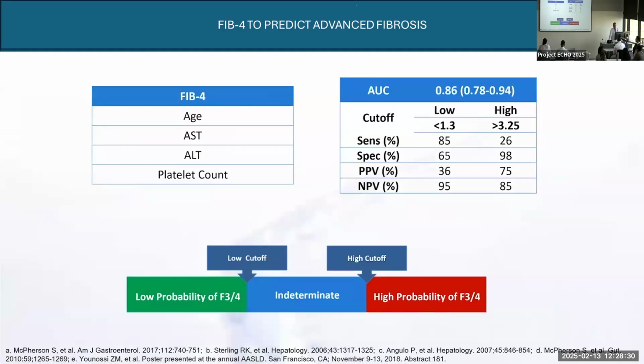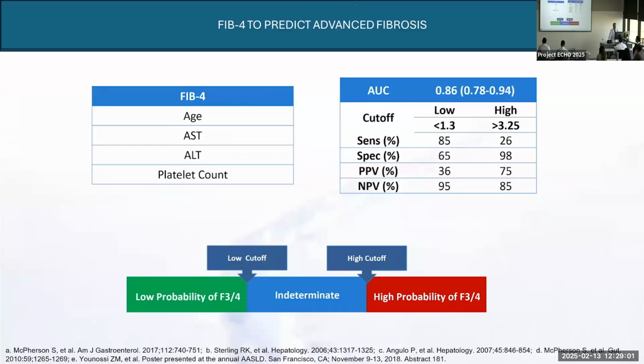The other important one, besides the vibration-controlled transient elastography, and which is very easy to reach, is the FIB-4 score. With AST, ALT, and platelet count along with age, you can get the score. There is a low cutoff and a high cutoff. The negative predictive value of the low cutoff is very high, you see 95% here.